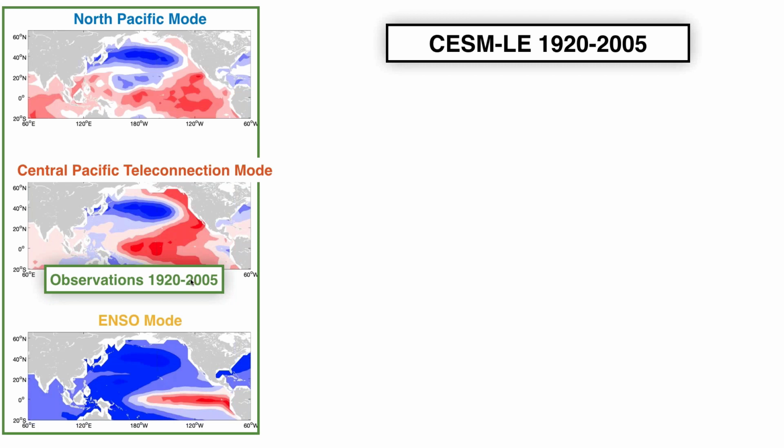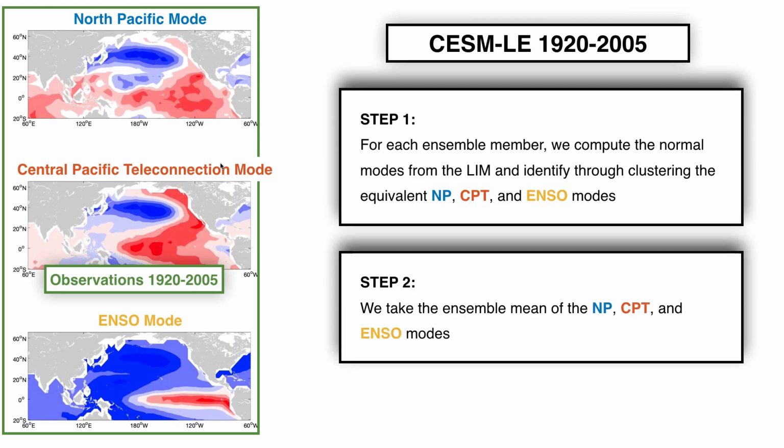To do this, we explore the CESM large ensemble and compare to this observation here. We use 30 members, and for each ensemble member, we compute the normal modes from the LIM and identify through clustering the equivalent North Pacific mode, Central Pacific teleconnection mode, and ENSO mode.